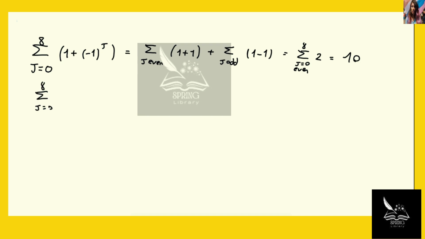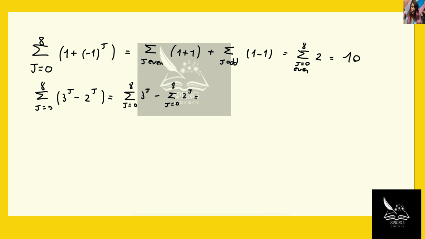Now the sum for j from 0 to 8 of 3^j minus 2^j, we split the sum into two sums. So this is the sum of 3 to the j minus the sum of 2 to the j.